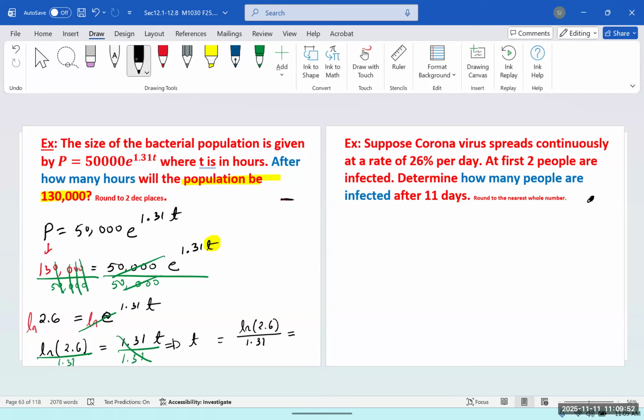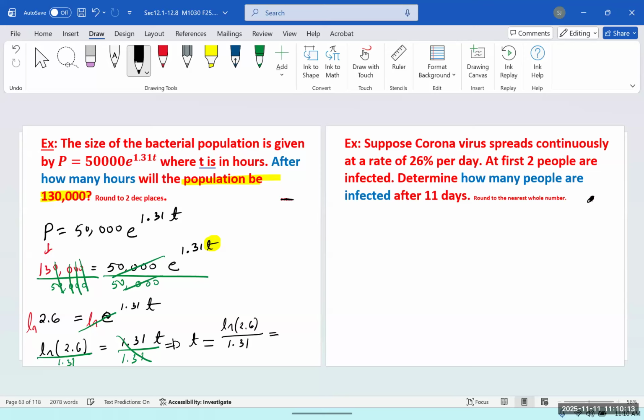What do you get? t equals ln of 2.6 divided by 1.31.